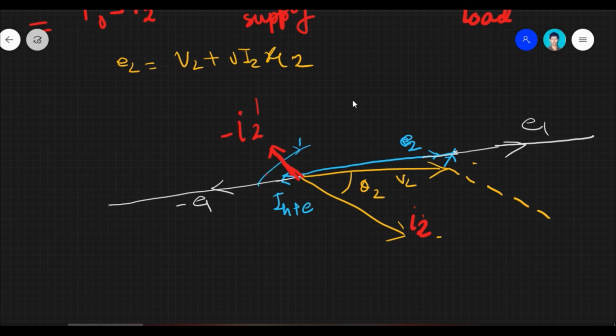So this gives us the direction of I0, and when we obtain the vectorial addition of them, first let me draw this I0, then we will draw I2 dash.